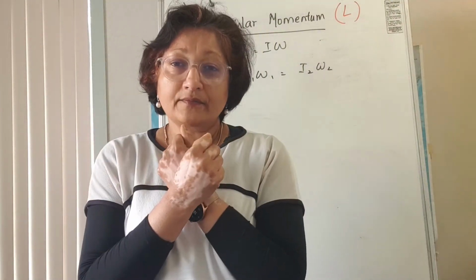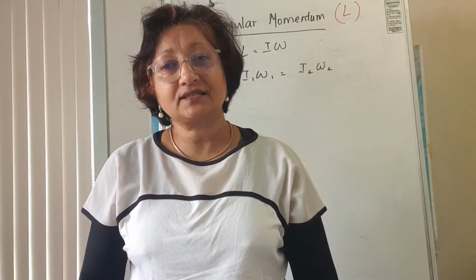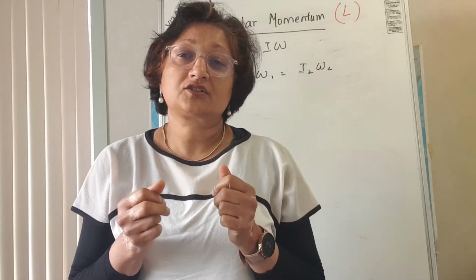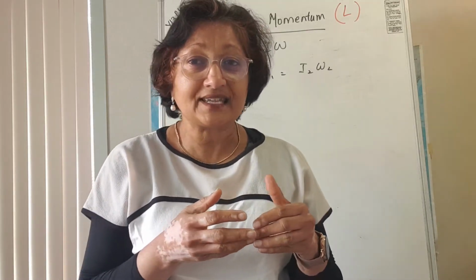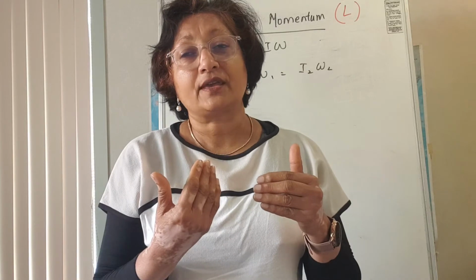However, when your arms are in, your mass is closer to the axis of rotation. Note the language that is used. Because it's closer to the axis of rotation, your rotational inertia decreases, so your angular velocity increases. However, angular momentum is the same.